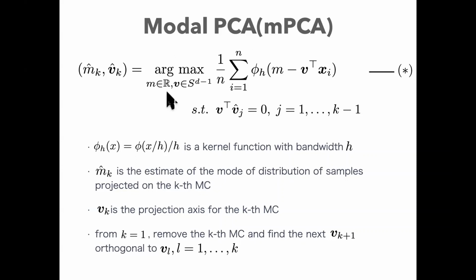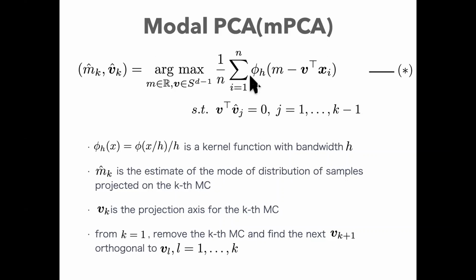For optimizing V fixing M, it is a bit involved, so we consider the logarithm of the objective function, and using Jensen's inequality and assuming that this kind of function is Gaussian, the problem is simplified to the minimization of the squared loss.